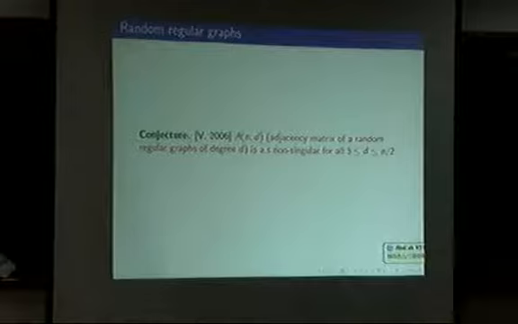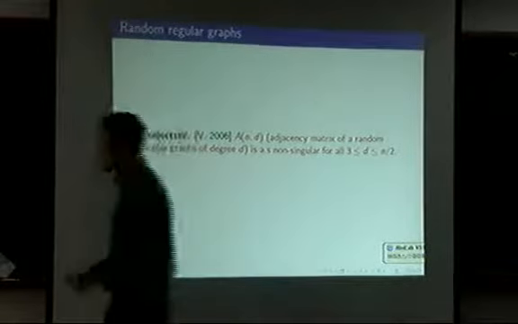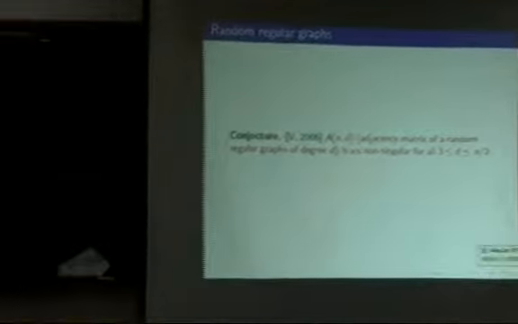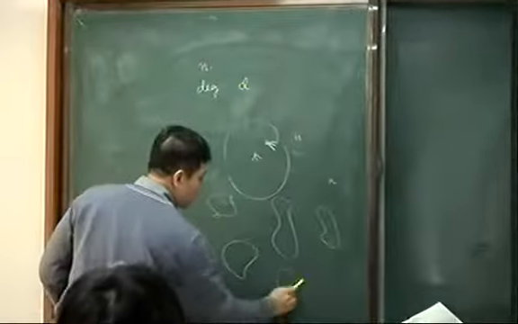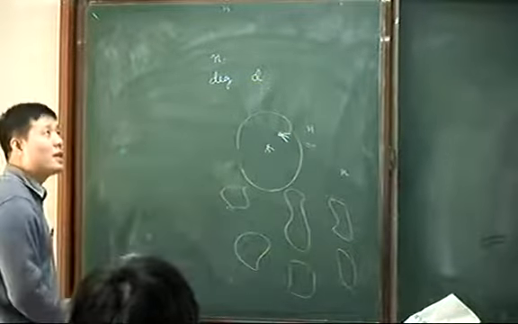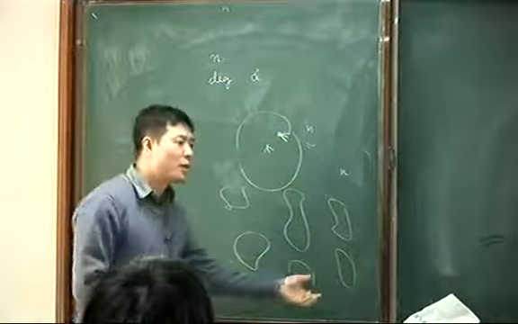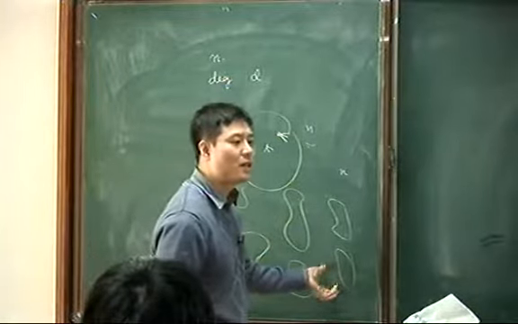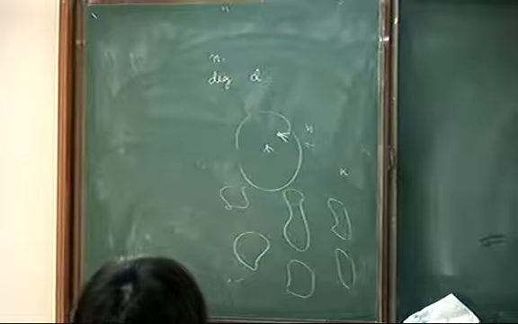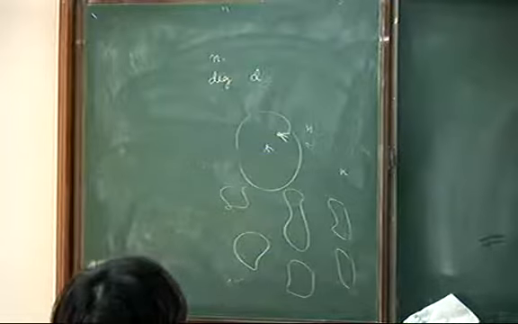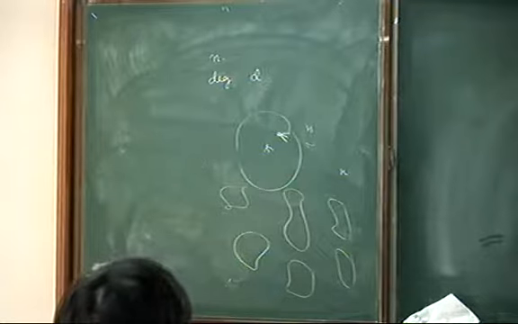The reason is that a random regular graph with degree 2 is just a union of disjoint circles, the only graphs which are 2-regular. And I think if the length of the circle is divisible by 4, then the adjacency matrix is already singular. So if d equals 2, then the matrix is singular. But for d larger or equal to 3, the graph is connected, and I don't see any reason why it should be singular.